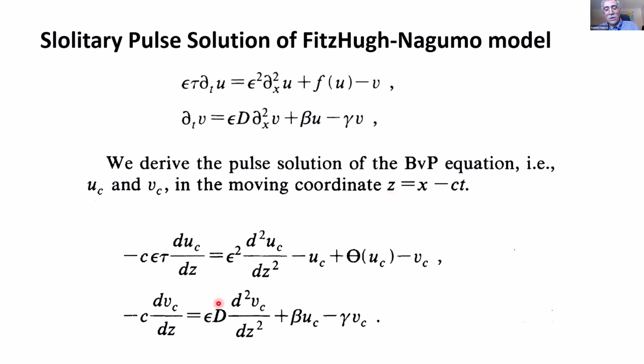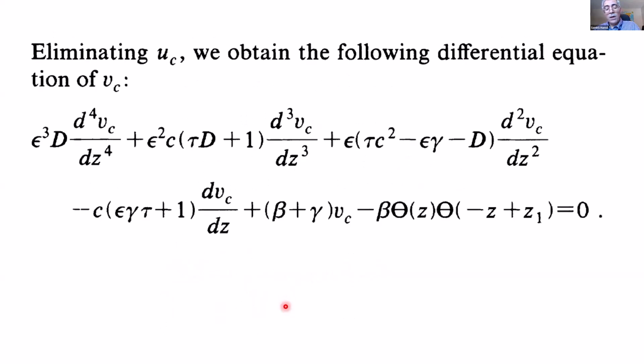And for that, the system of partial differential equations becomes a system of two ODEs, as you can see here. When we eliminate one of the variables, for example the activator U, and base the solution on the inhibitor or recovery variable, then what you can see here is a fourth-order boundary ODE in linear form, and we can solve it using Maple.